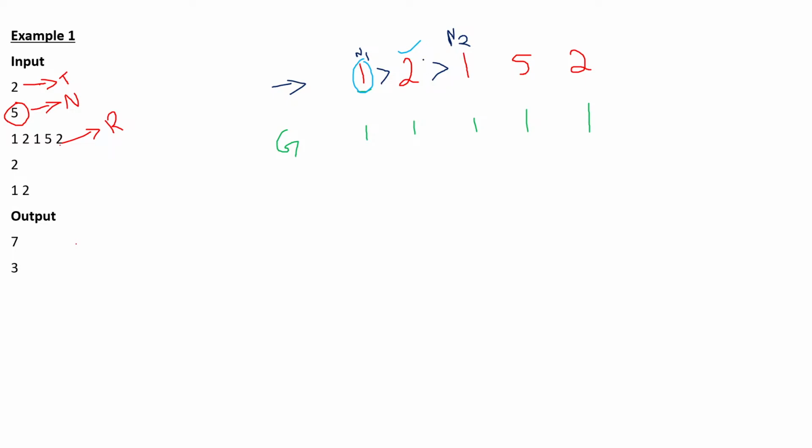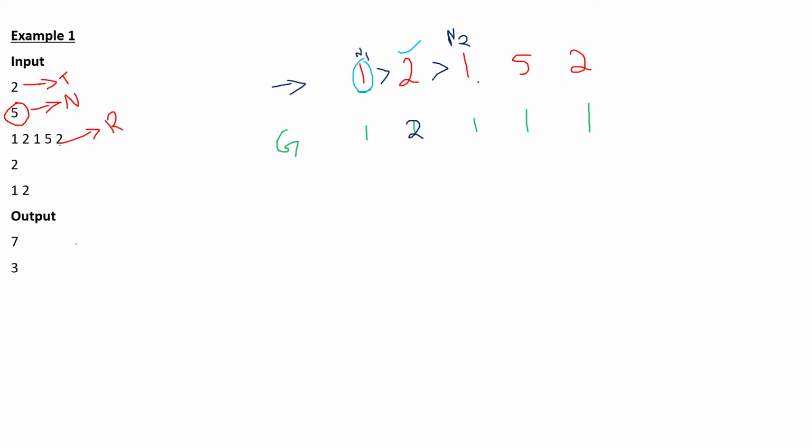If yes, then we have to give more gifts than the third employee, right? The third employee's rank is 1, but the second employee's rank is 2, which is greater, right? That means if the third employee is getting one gift, the second employee should get two gifts. So that's why we are giving the second employee two gifts.